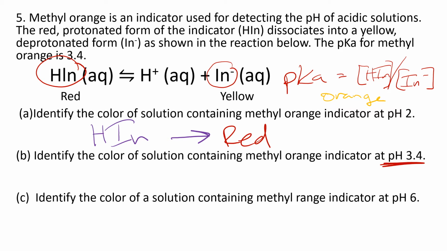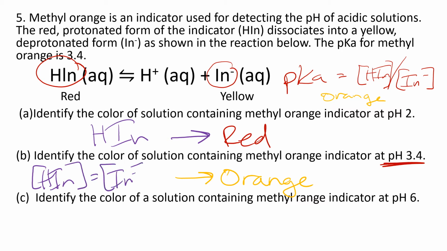If the pKa is 3.4, there are equal amounts of HIN and IN minus in solution, so it's going to be between red and yellow. The only color that's between red and yellow is orange. And that's when HIN is equal to IN minus.